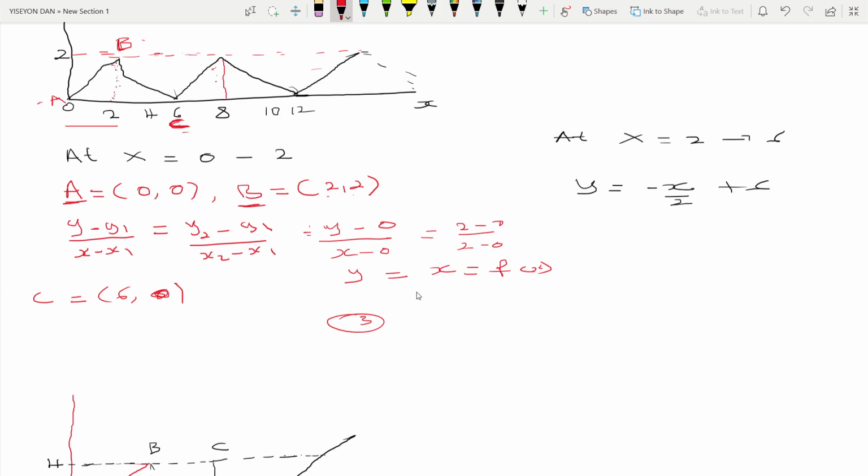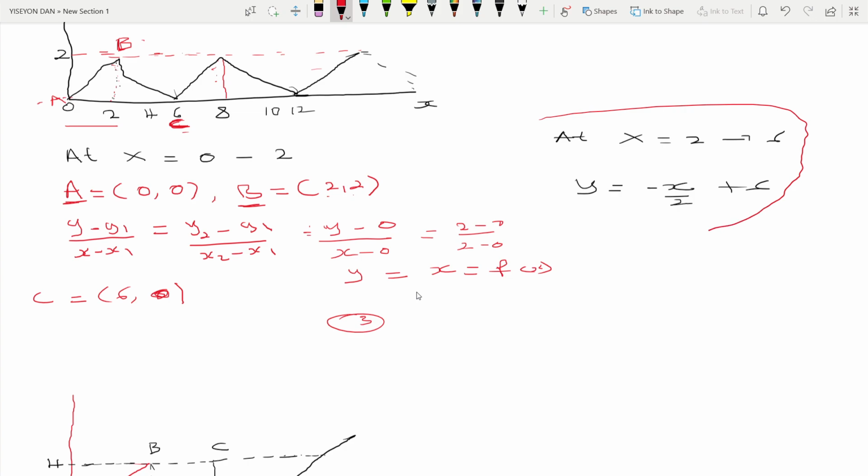So assuming you have to look for the equation of the line from B to C, like we did for the equation of the line from A to B, what we do is use that same formula again, and using that same formula we arrive at the solution we have over here.